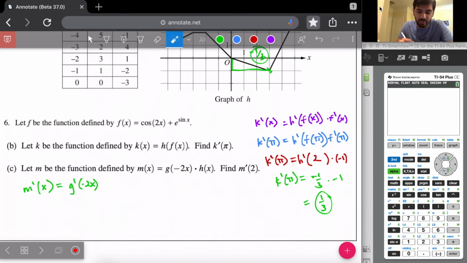But since there's a negative 2x inside of here, I need to multiply this by the derivative of negative 2x, which is a negative 2. So I'll put a negative 2 out in front there. So it's the derivative of the first times the second plus the derivative of the second times the first.